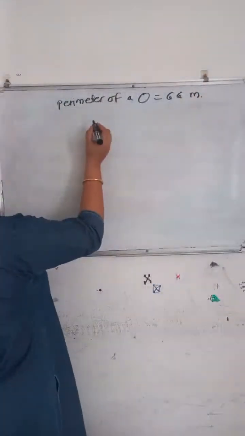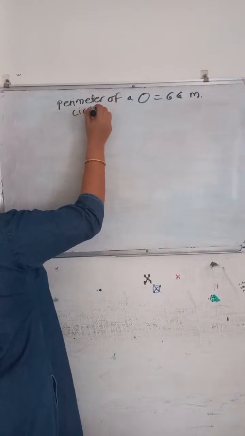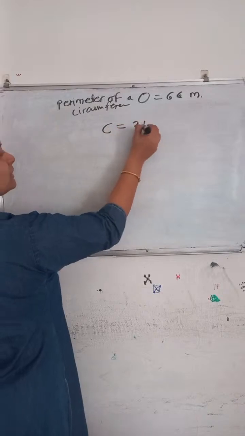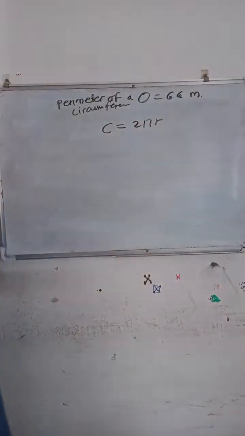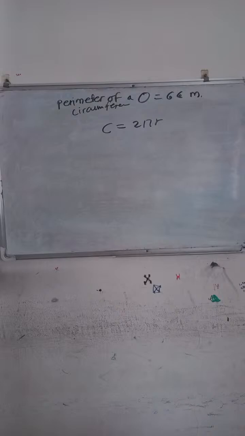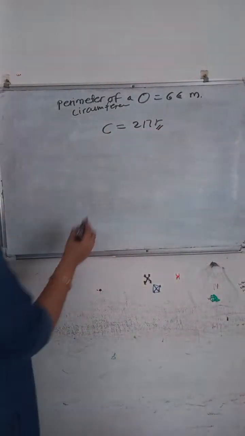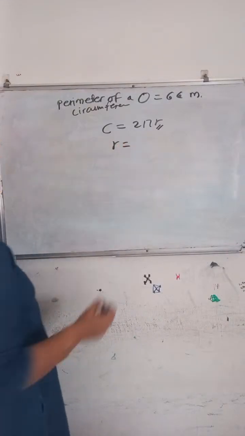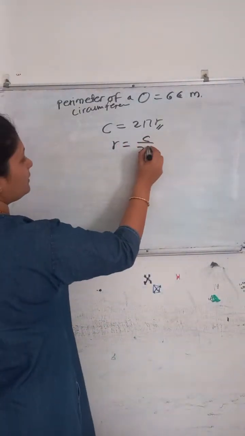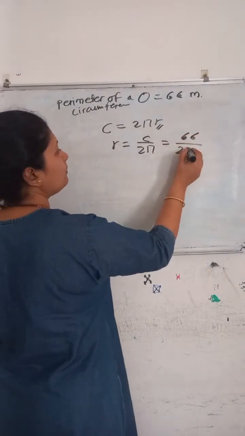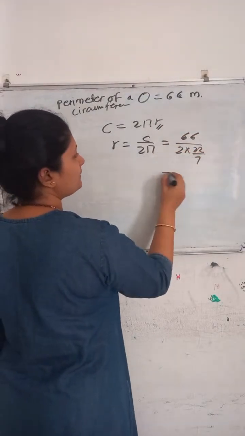So the perimeter of the circle means circumference only. Circumference C is equal to 2 pi r. We have this formula for the circumference of the circle, and we are interested in the radius. So adjust this equation for r: r equals C by 2 pi. Circumference is 66 and 2 pi is 22 by 7.